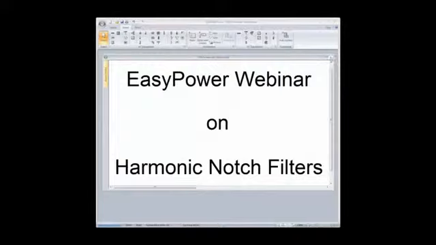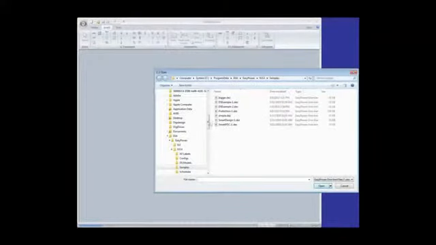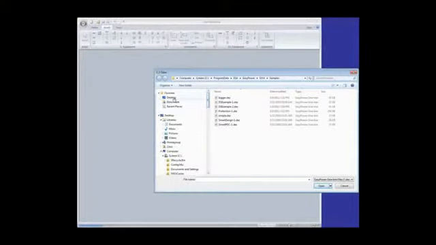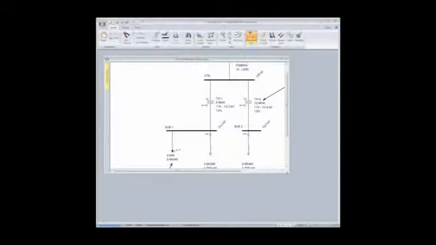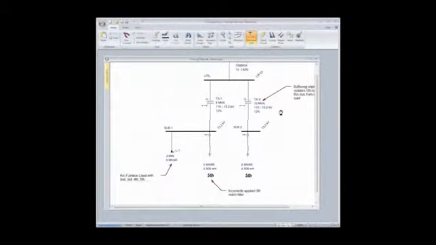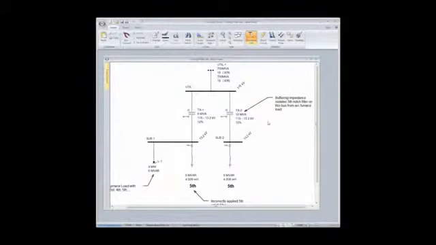What I'd like to do is first start off with the main purpose for having, and I'm going to load a file in. The main purpose is to create for ourselves a decrease in harmonic distortion due to some type of load that we may have.